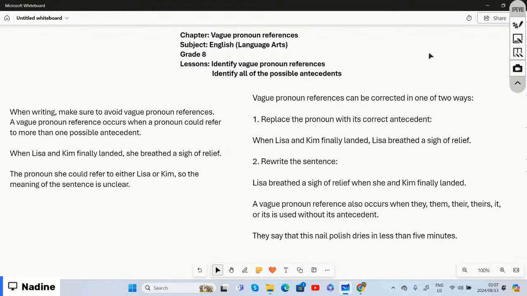And the lesson that we are going to be focusing on under this chapter is to identify vague pronoun references and to identify all of the possible antecedents. That is going to be our lesson for today.